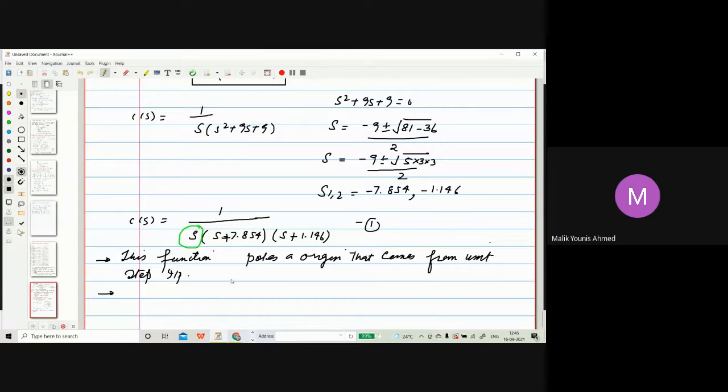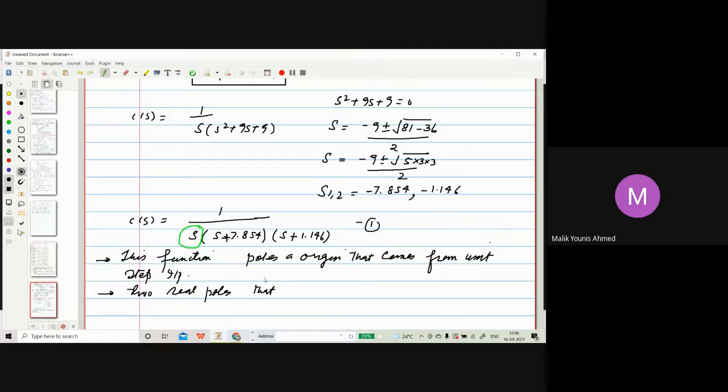Anyway, so number one, I have talked that one pole is at origin that will come from the unit step input, and two real poles are there. Two real poles are there that will come from the system. So please go through the system poles, input poles I have talked about in the last lectures.